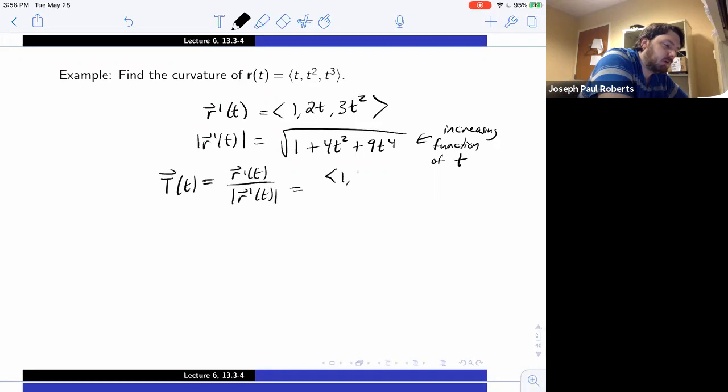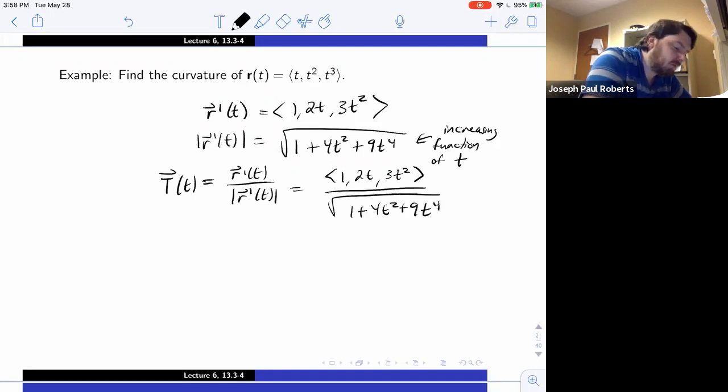So it's going to be 1, 2t, 3t squared over the square root of 1 plus 4t squared plus 9t to the 4th. And so you could use the quotient rule 3 times, once on each component, to get T prime.